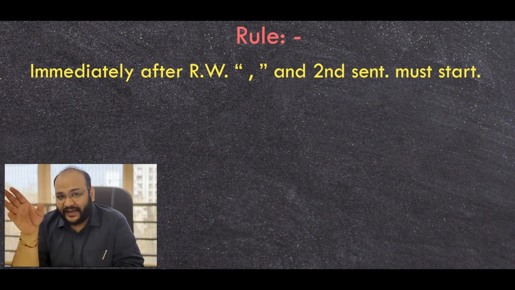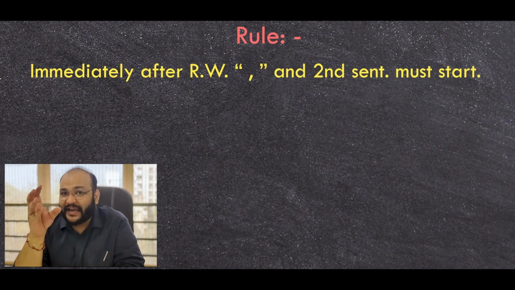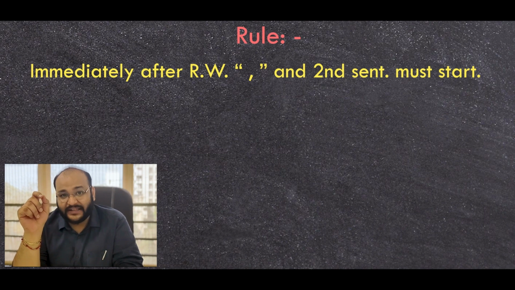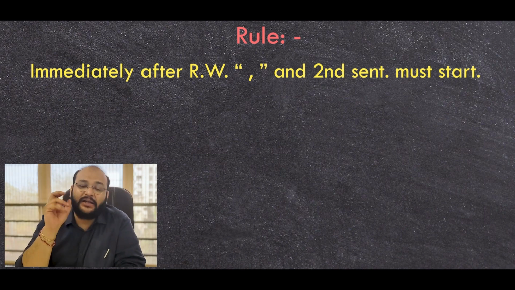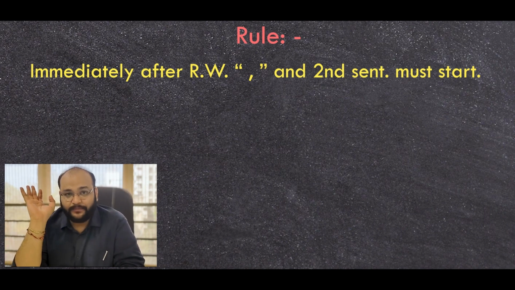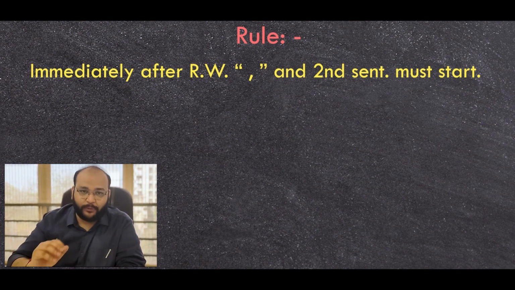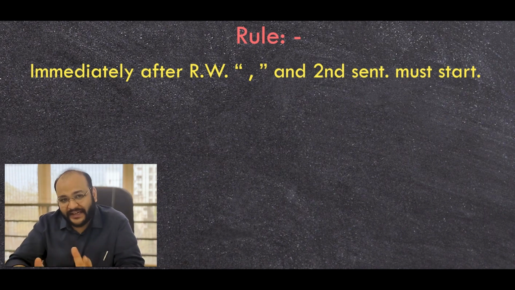So let's say there is a first sentence, and as soon as I have the relative word in the first sentence, I have to put a comma and start the second sentence. Might sound a bit odd at this moment, but it will be super clear once we look at some of the examples. So let's start.